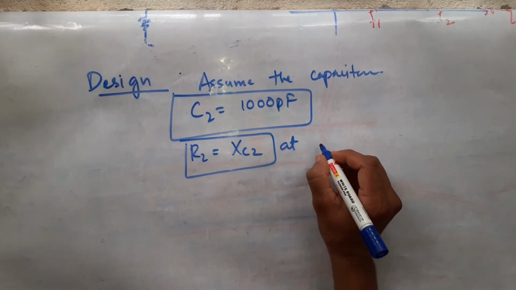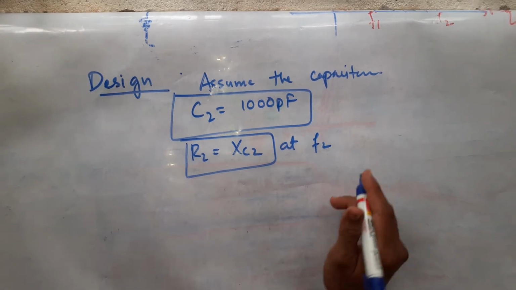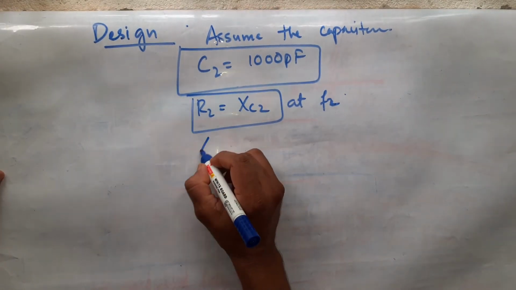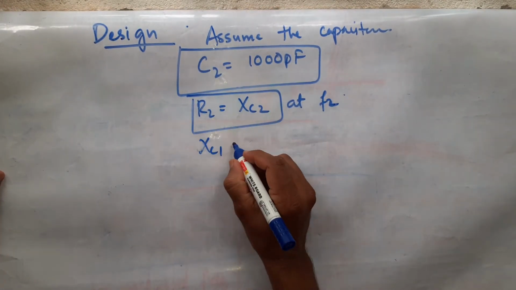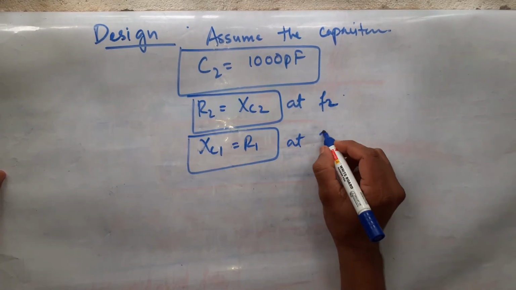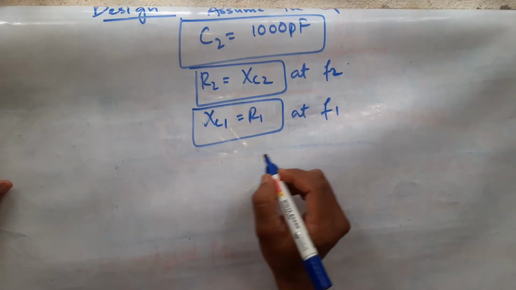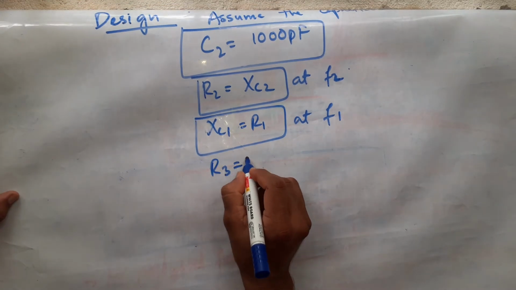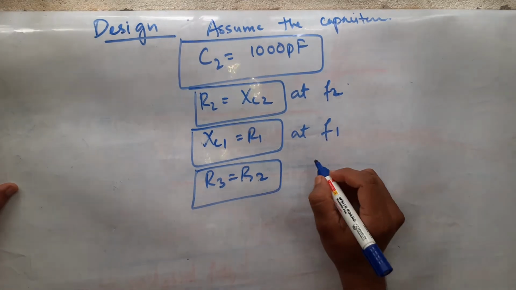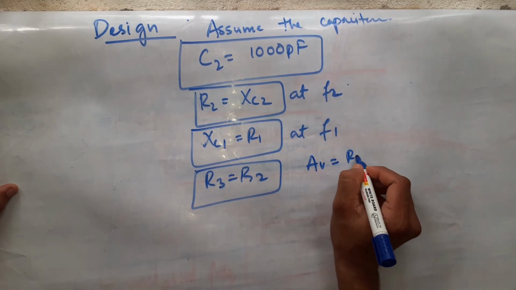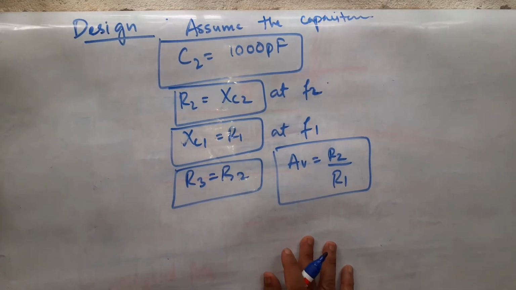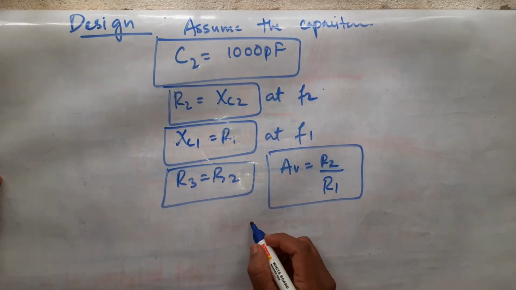This is at F2, we have seen just now, right? And XC1 is equal to R1. This is at F1. R3 should be equal to R2, and our gain AV is equal to R2 by R1. Yeah, that's it.